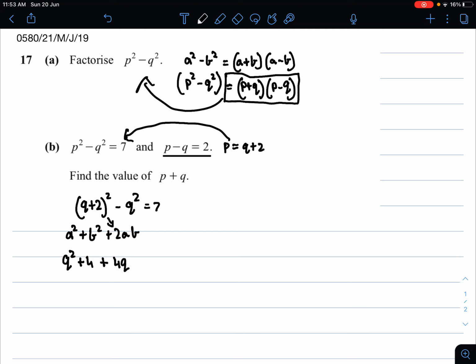So 4q minus q square, from here we just bring it down, equals 7. Now positive and negative q square can be cancelled out, so we are left with 4q equals, when you move the 4 to the other side of the equation, positive becomes negative, so 7 minus 4, and therefore 4q is equal to 3. So q is equal to 3 by 4.